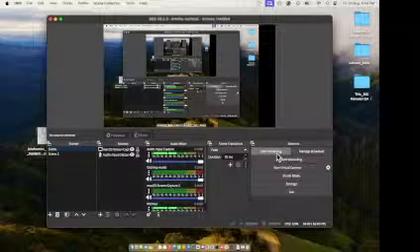B is amplitude will be the same and frequency will be different. In the third option, C, amplitude will be different and frequency will be the same.